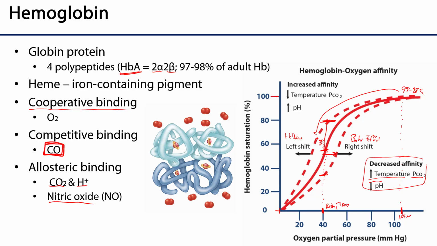Now, both of these shifts occur throughout typical metabolic processes and atypical metabolic processes. If this were a physiology course, we would go into much greater detail here, but I just want you to understand that hemoglobin's affinity for oxygen is very labile. Different conditions will affect that affinity, as we'll see.